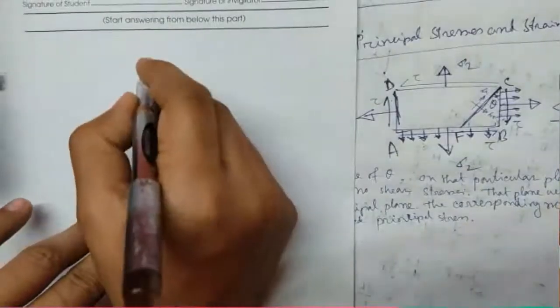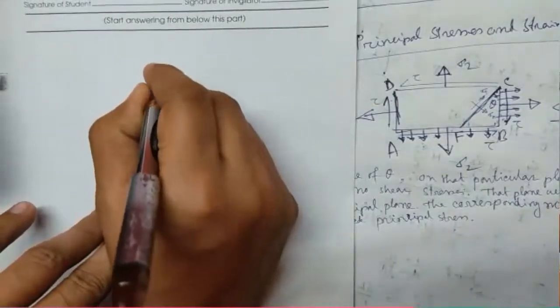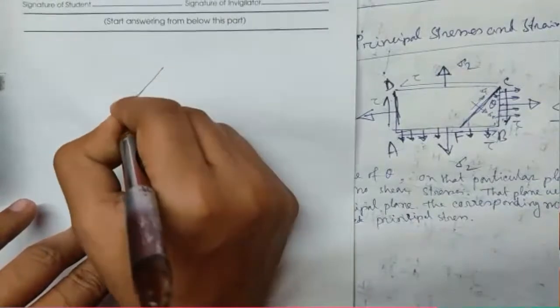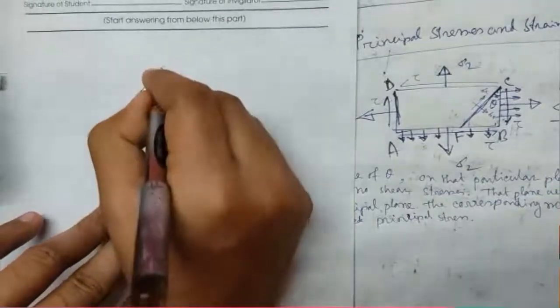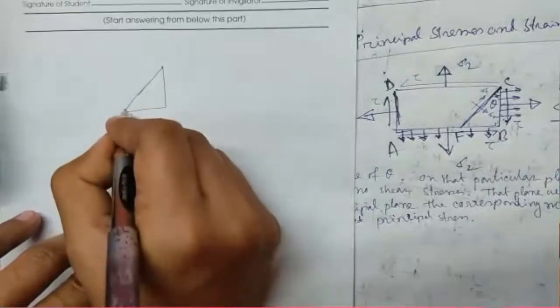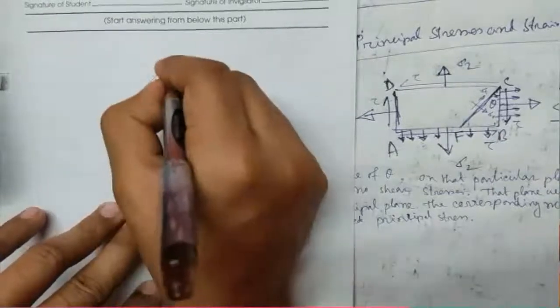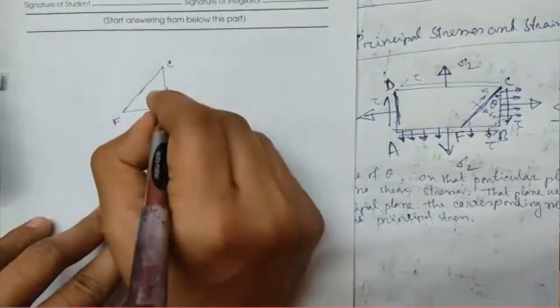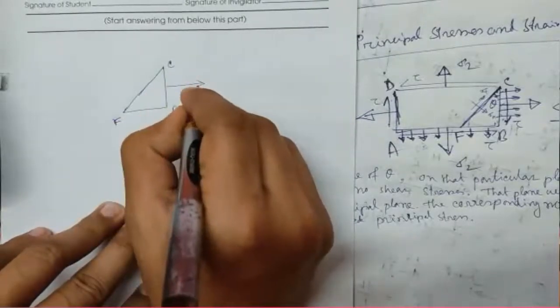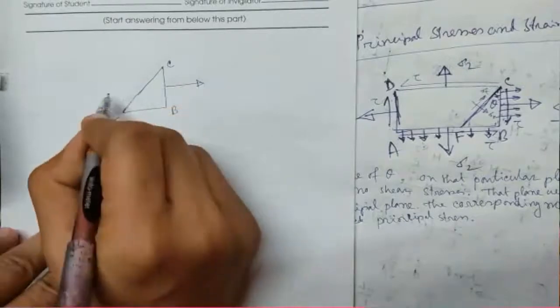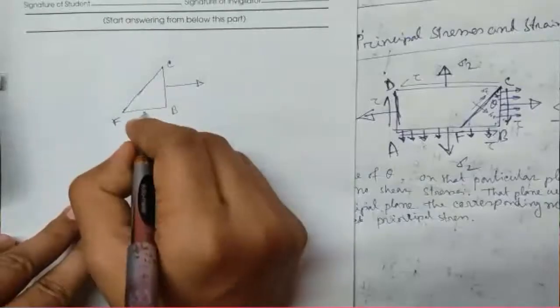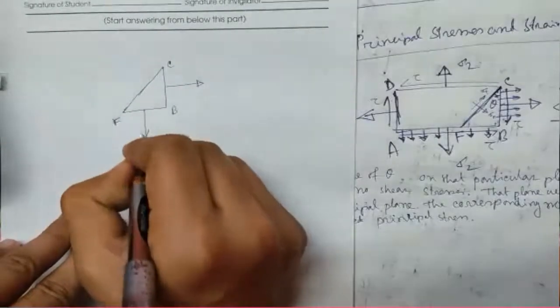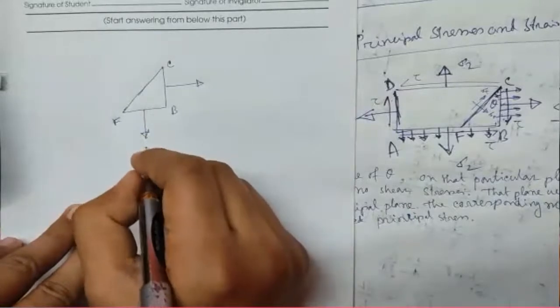I will draw the wedge: this is C, this is F, this is B. This portion has a tensile load, this portion has a tensile load.